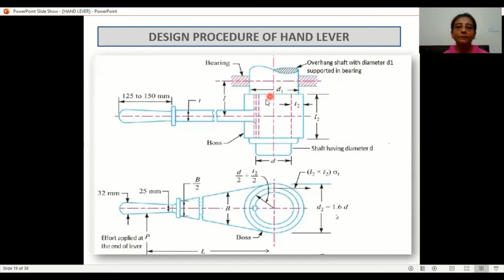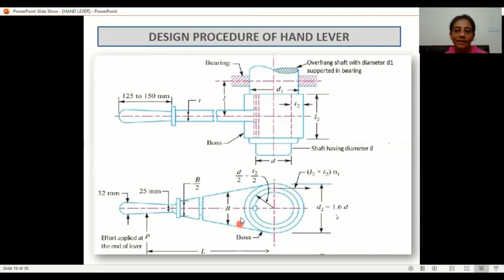bearings. This part is a rectangular key which transmits motion from the boss to the shaft. This outermost part is a boss. And this is a lever which is of rectangular cross section and its width is tapered.